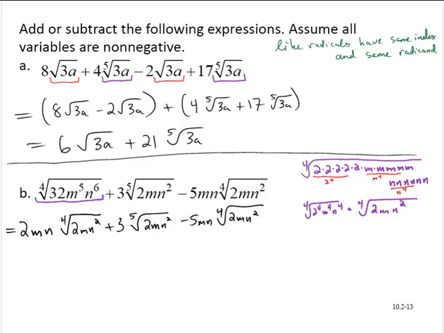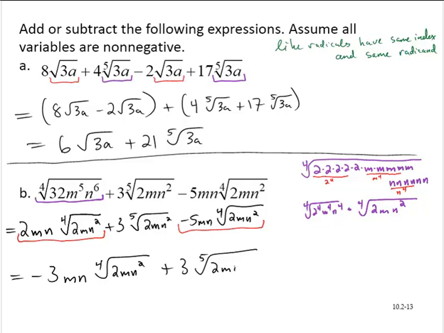And so now I do have like radical terms: 2mn times the fourth root of 2mn squared minus 5mn times the fourth root of 2mn squared. I can combine them. 2mn minus 5mn would give me negative 3mn times the fourth root of 2mn squared, and the remaining term, plus 3 times the fifth root of 2mn squared.